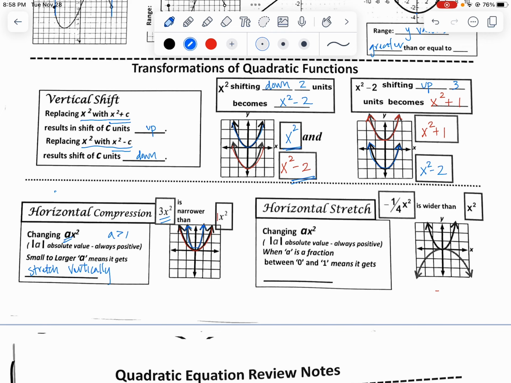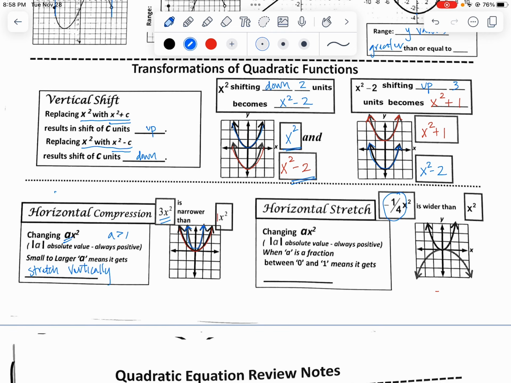Now, there's a horizontal stretch when there's a fraction out in front, and that's because we're going to say it gets fatter. It's not really the technical term. We'll say that it's either a vertical compression or a horizontal stretch.